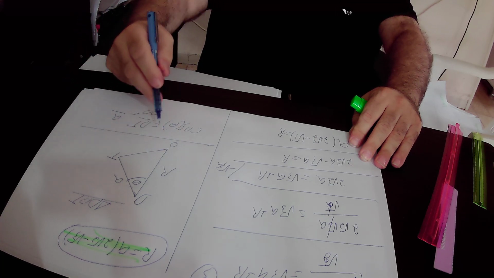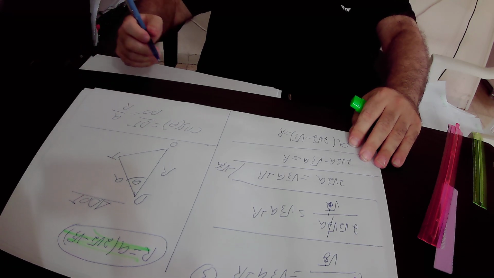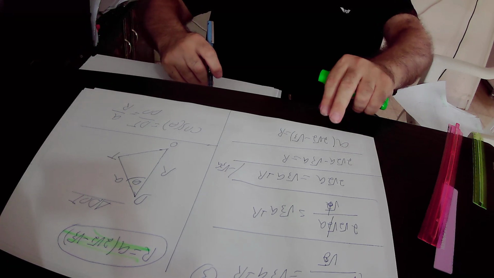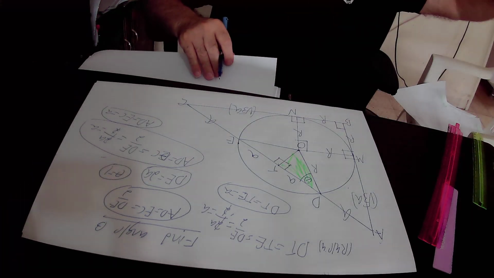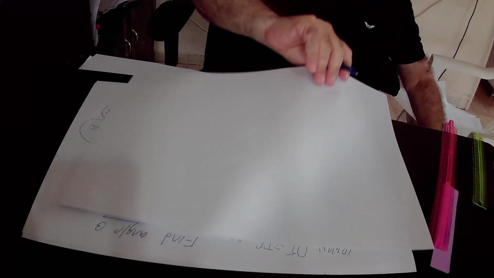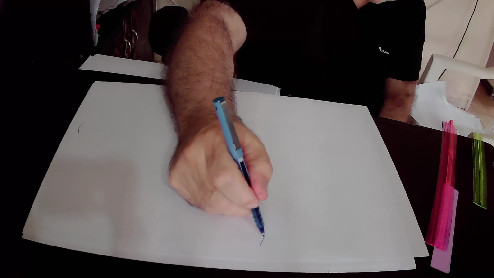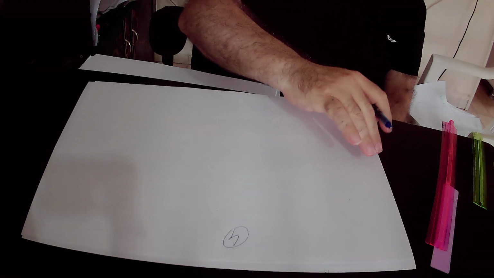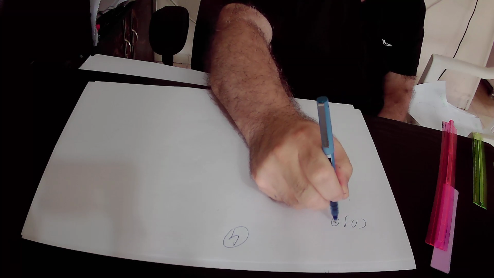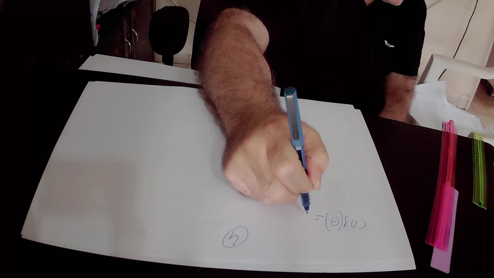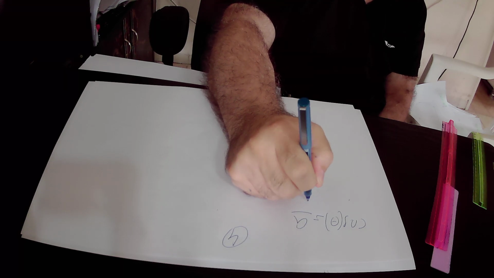DO equals r, so we substitute DO by r. In conclusion, we found out that cosine theta in the right triangle DOT is equal to a over r.